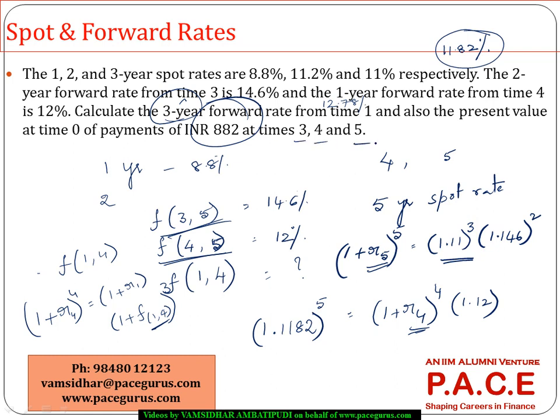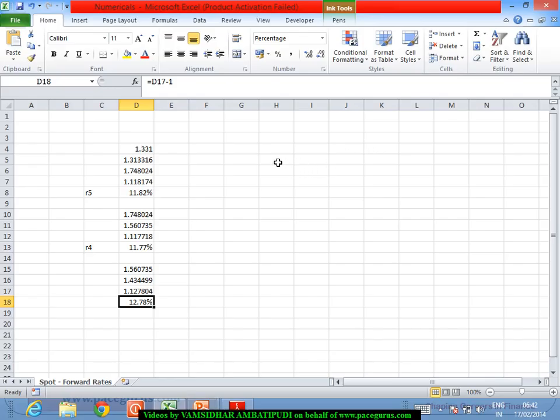And now there is a question that is being asked. 882 that comes at each of the 3rd, 4th and 5th years: 882, 882 and again another 882.